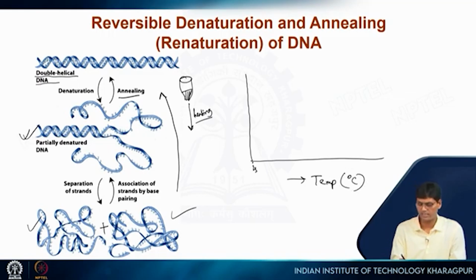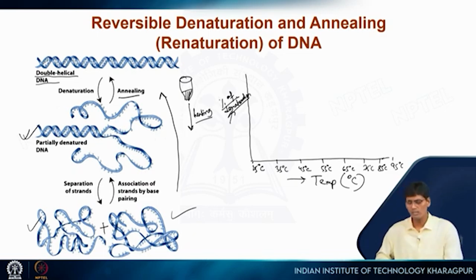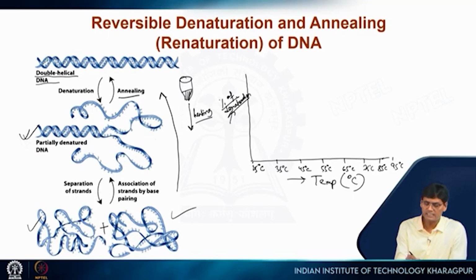I am starting from 25 degree centigrade, and this is 35, 45, 55, 65, 75, 85, 95. And this is the percentage of denaturation.